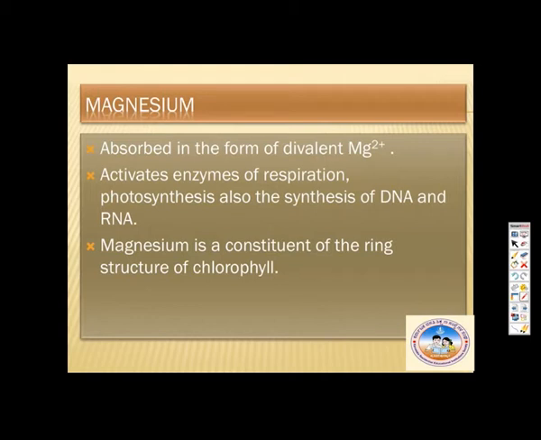So all these are the main points of magnesium. I will repeat again. Magnesium is absorbed in the form of divalent magnesium ions and activates enzymes of respiration, photosynthesis, and the synthesis of DNA and RNA. Magnesium is a constituent of the ring structure of chlorophyll. This is important.